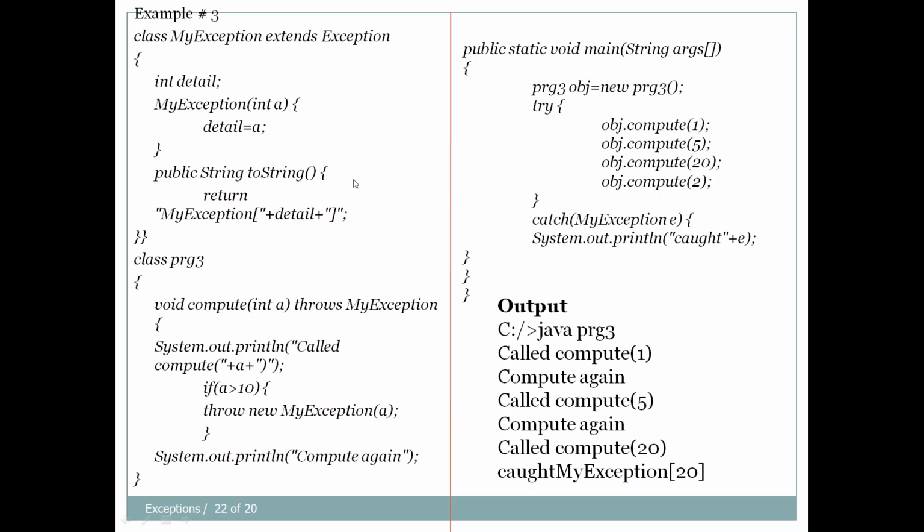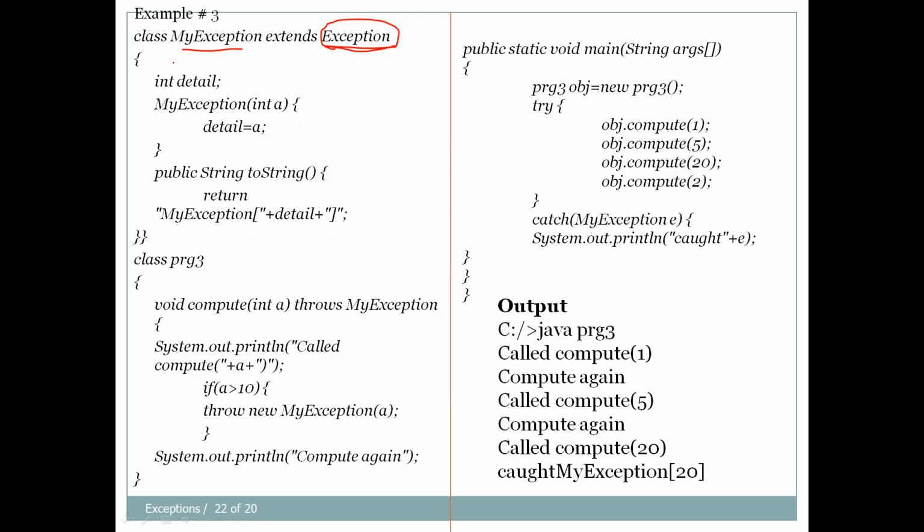So first we have a class MyException, and this class MyException is extending the class Exception, meaning it is inheriting class Exception. As we have discussed earlier, whenever we create a user defined exception, the user defined exception class should inherit the Exception class. So this has to be a super class of all user defined exceptions.